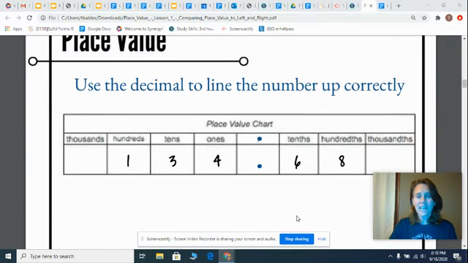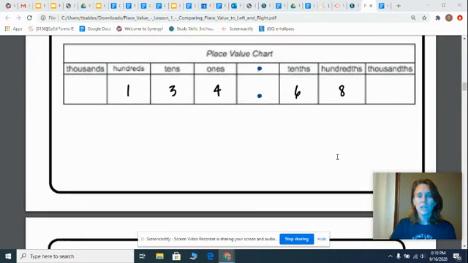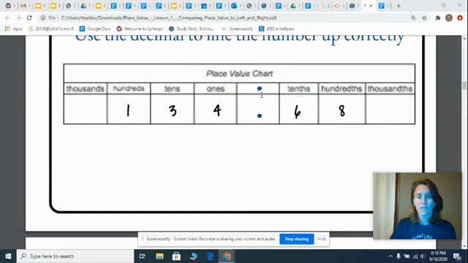So if we take the number 134.68 and put it in our number line, it looks like this. So we have 1 hundred, 3 tens, 4 ones, 6 tenths, and 8 hundredths. Be sure to line up your decimals correctly.